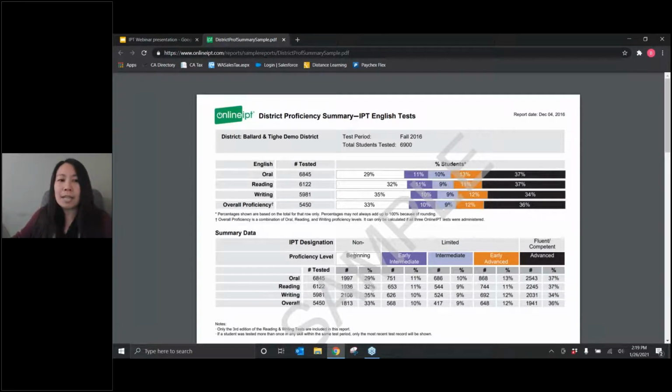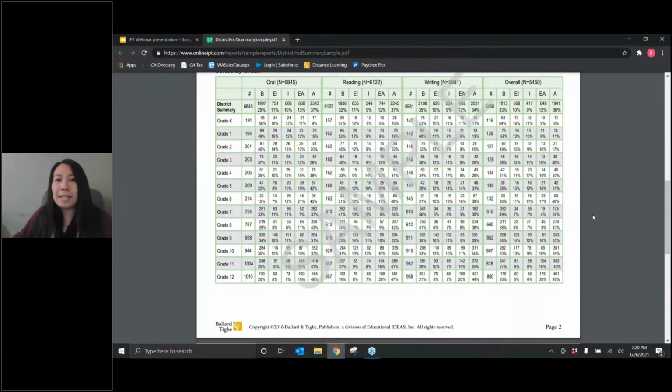You can also see where they are in designation, whether they're a non or a limited or a fluent or competent speaker, listener, reader, or writer, and then the number breakdowns. I really love this report because you can see it on a big picture at a district level. You can also see the breakdown of grades and compare the numbers for different grade levels and see if they're progressing as they're getting to higher grade levels, or if your ESL students or EL students are concentrated more at the younger grades.